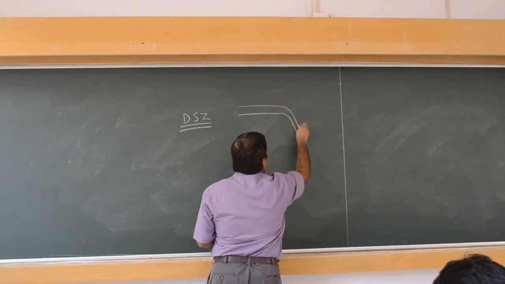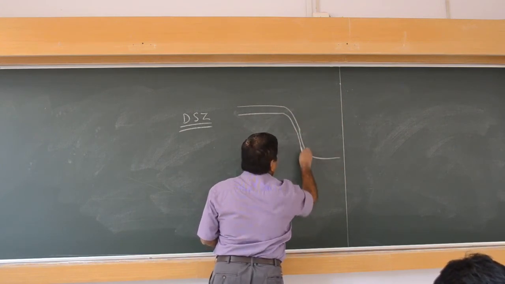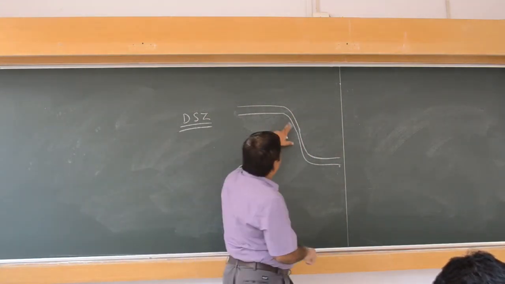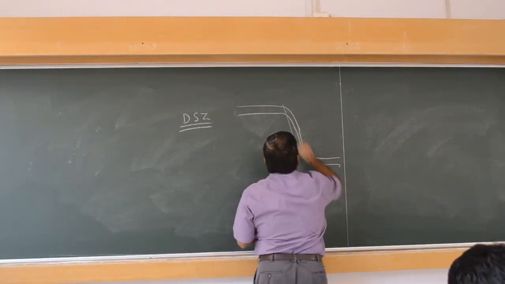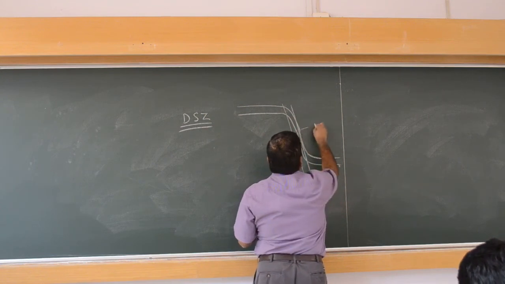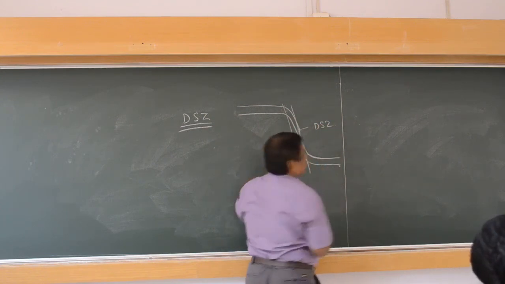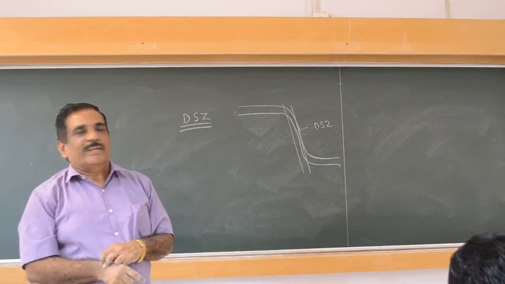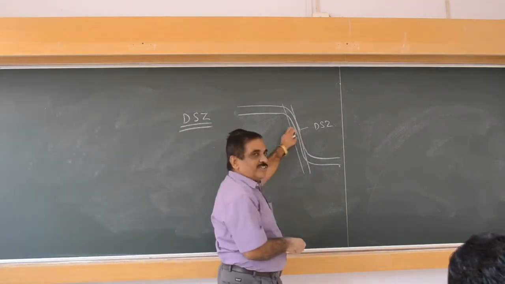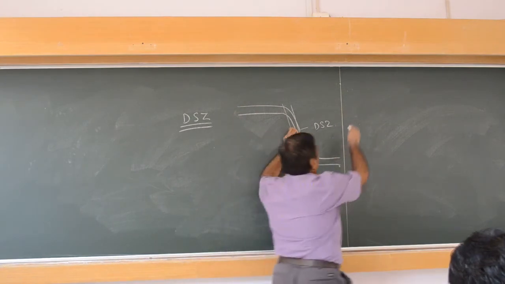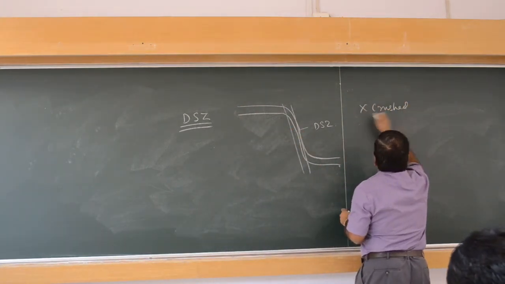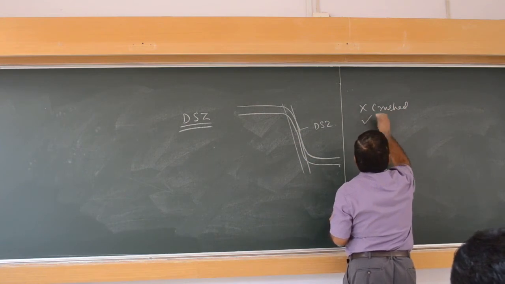So this part, understood? So here the rock is not crushed. So what type of deformation has taken place?